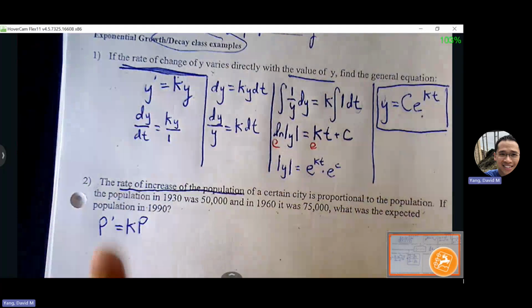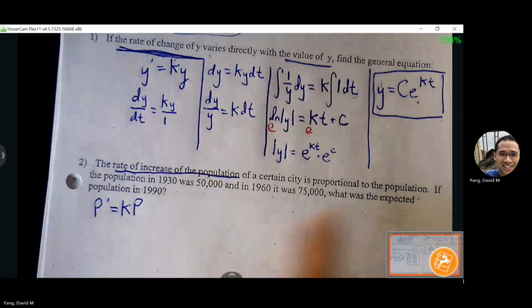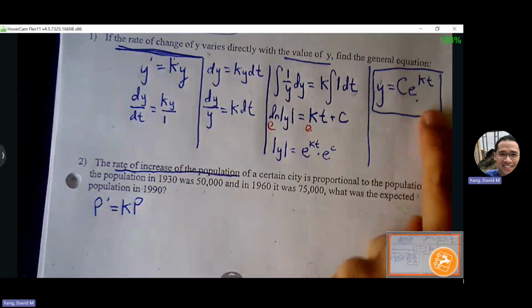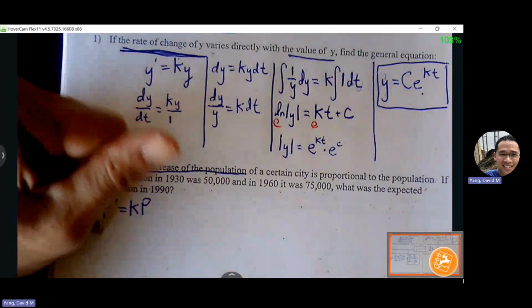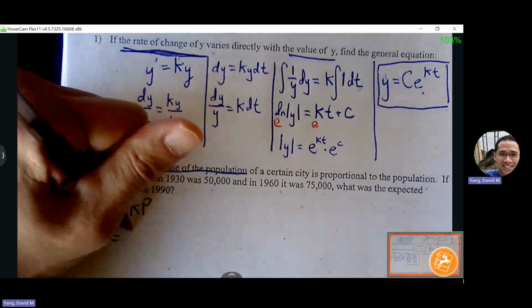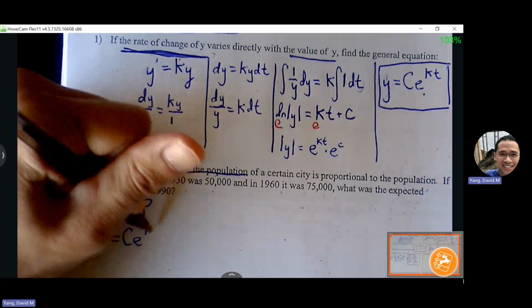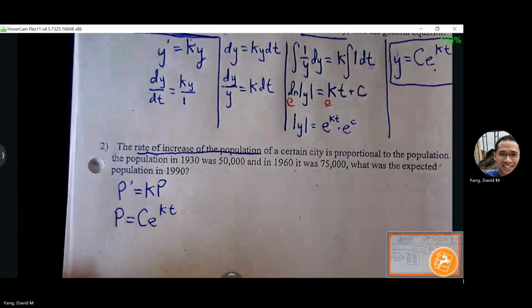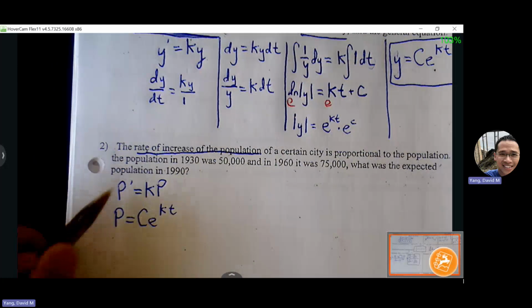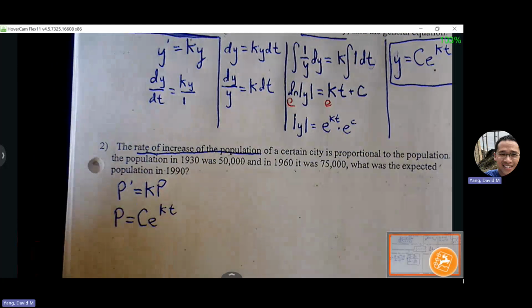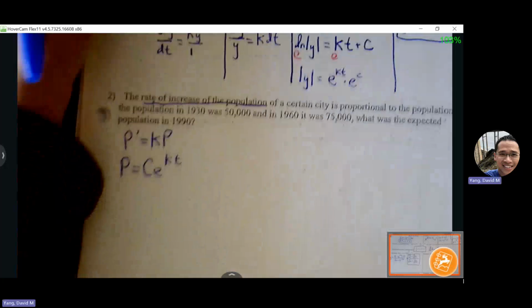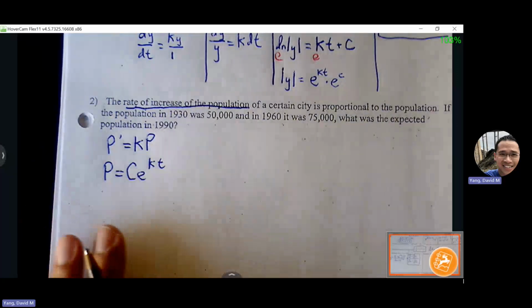Y prime equals KY, P prime equals KP. We don't have to go through this whole thing. We can jump directly to this, right? We already know this is our general equation, and we're skipping all the calculus steps because we already know where it's headed. So this is the only calculus step in all these problems, and now it just turns into an algebra problem where we're just doing a bunch of substitutions.